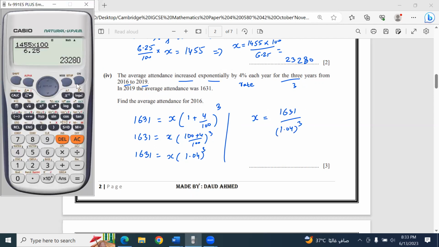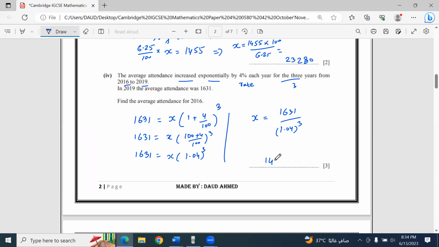We can check here: 1631 divided by 1.04 power 3 gives me 1449. We round off to 3 significant figures, so it is 1450. This is the attendance in 2016. Next.